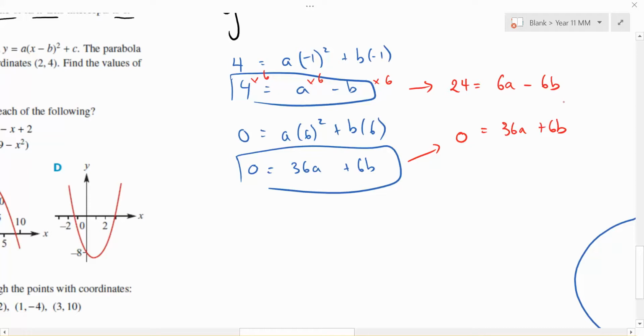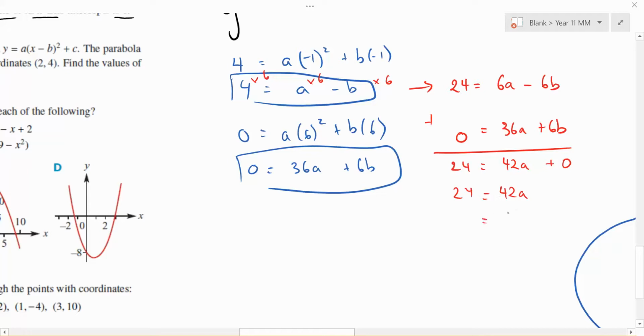Now see how they're both the same: that's 6b and that's 6b. If I add these two equations together using the elimination method, then 24 plus 0 is 24. Adding vertically down, 6a plus 36a gives you 42a. And then finally, negative 6b plus 6b, of course, cancels out. That's what I wanted. So that now gives me 42a is equal to 24.